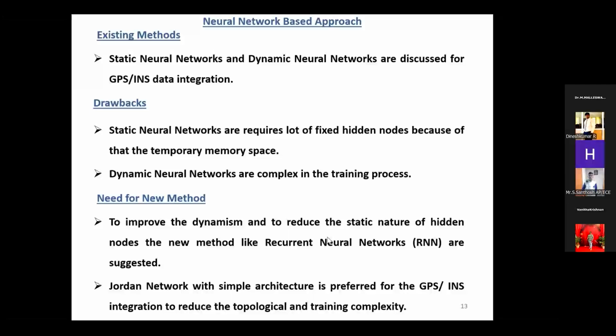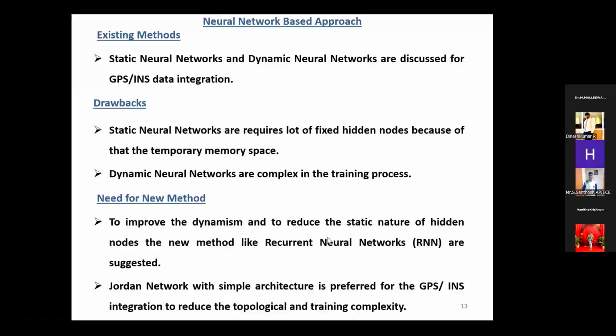Even in the neural network based approach we have certain drawbacks, because the existing intelligent neural networks use static type neural networks. I think you all know the feed forward networks. For example, you have the back propagation neural network and radial basis function neural networks.